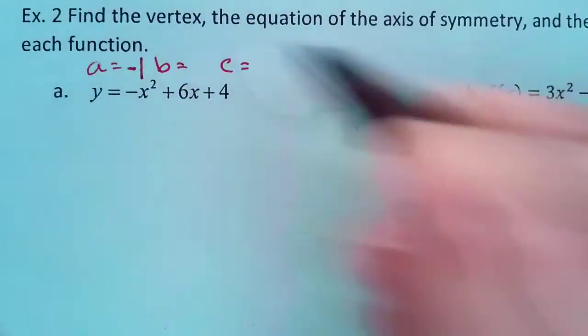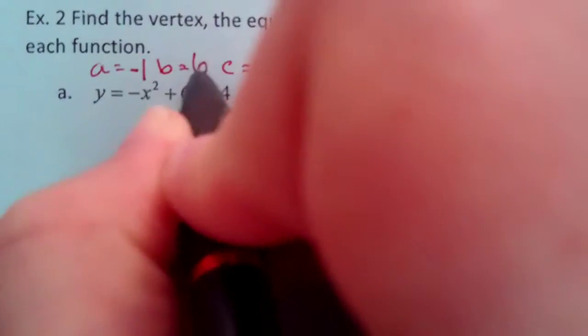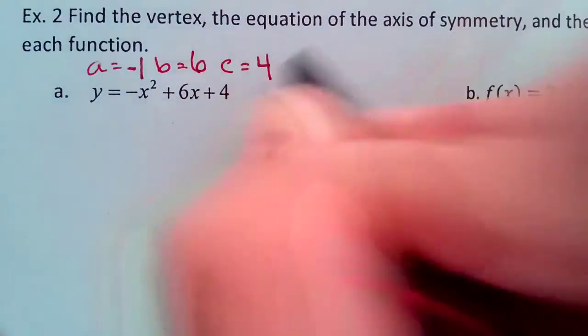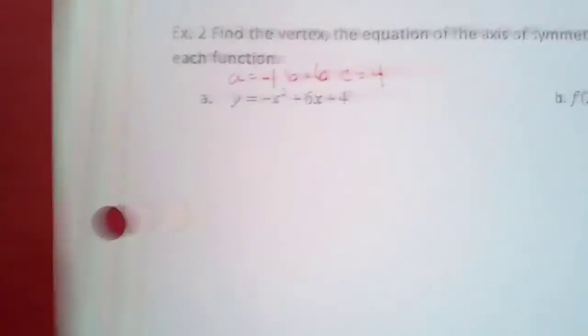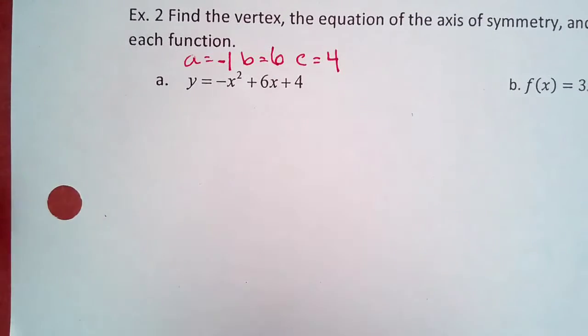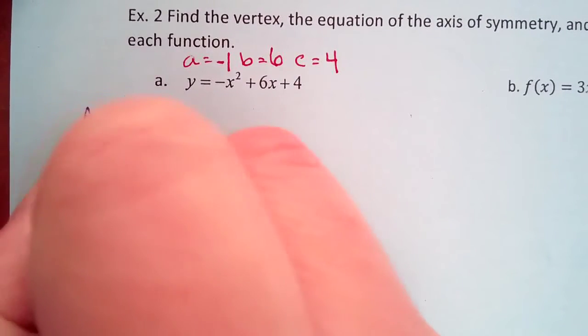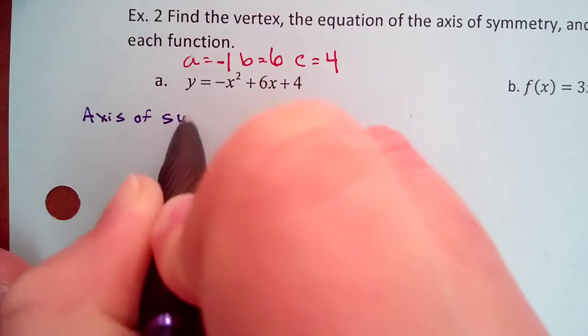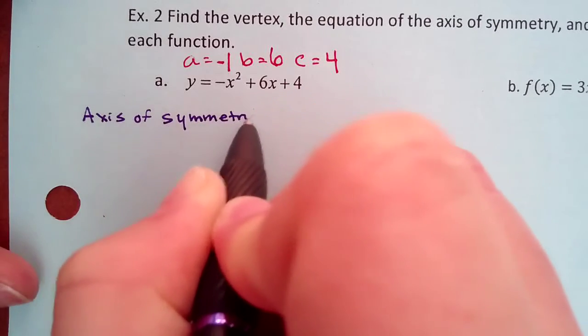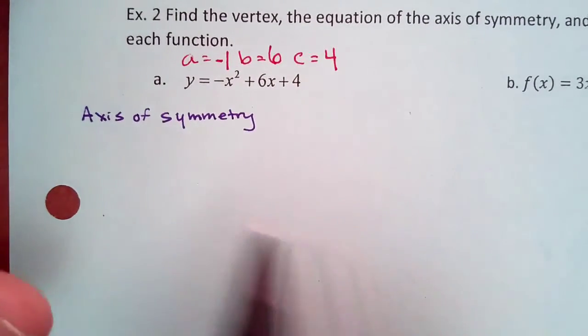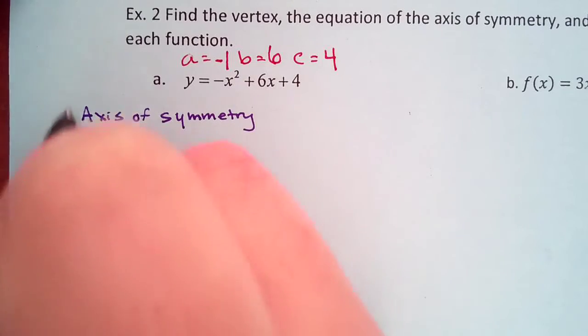Negative 1. What's our B? 6. What's our C? 4. So I'm going to zoom back out a little bit. I'm going to find the axis of symmetry first. So that's going to be x equals something.